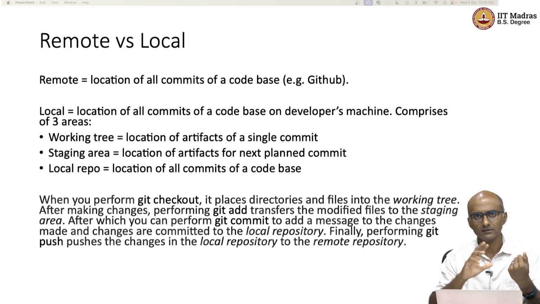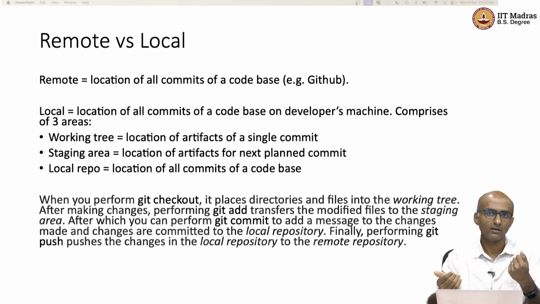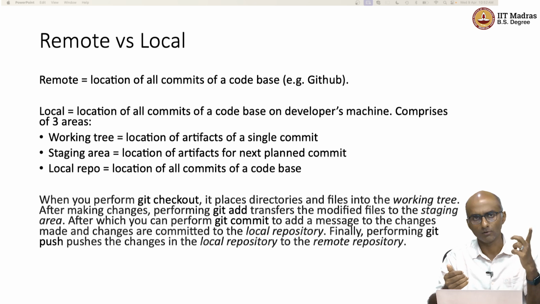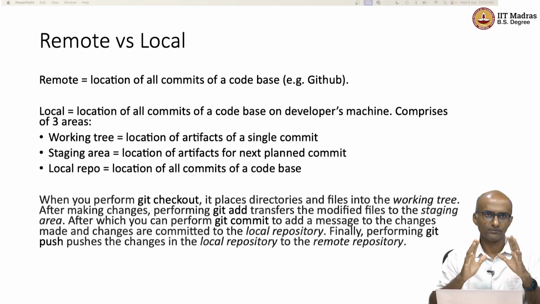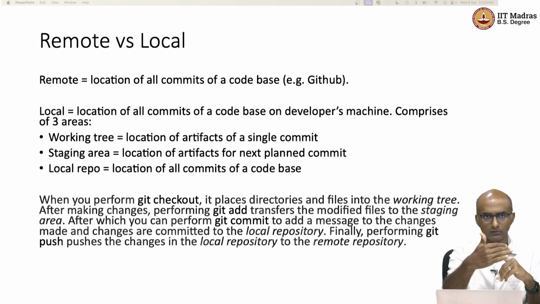Note that none of the work corresponding to those 10 commits has necessarily been sent to the remote yet, right? If you don't issue specific commands, it won't happen automatically. Local will be the place where it keeps getting buffered. Think of it that way. It keeps getting buffered there. So that's the notion of a local versus a remote.